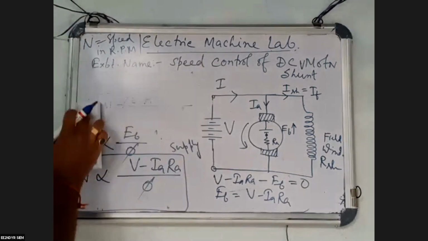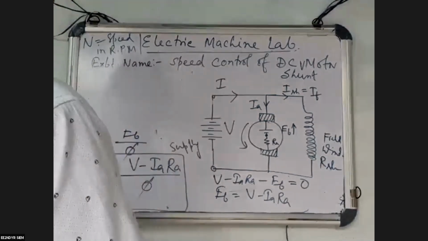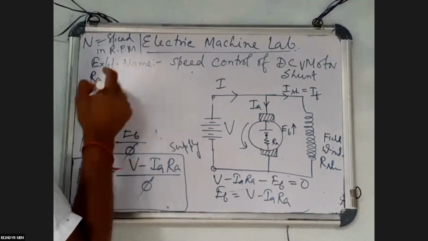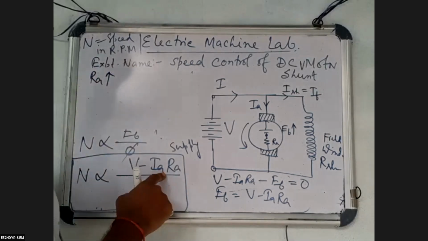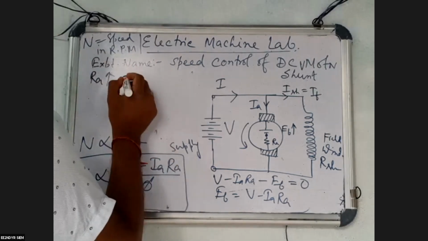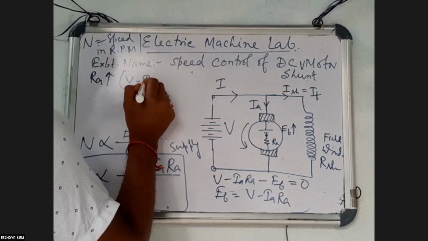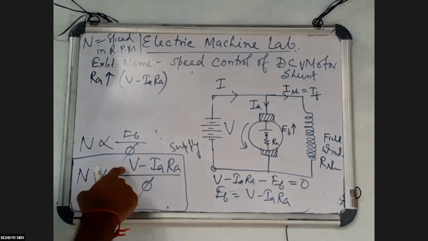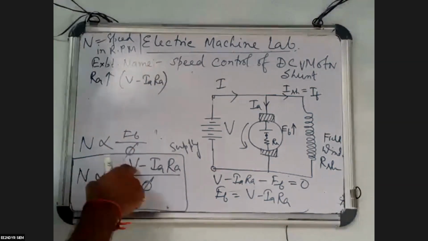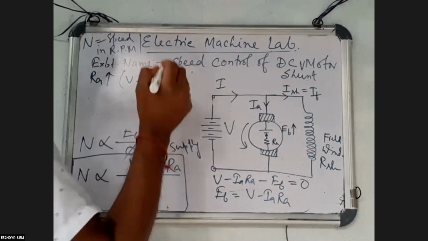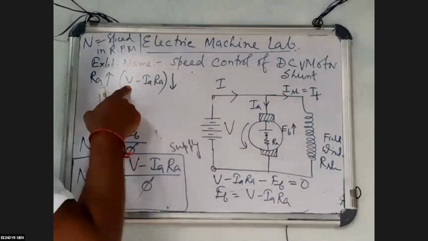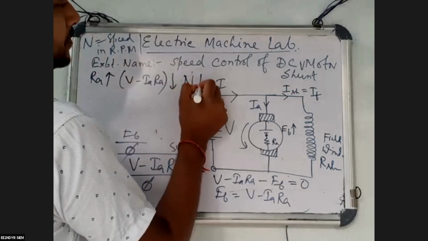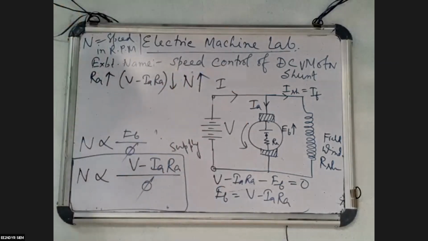I'm just showing it to you, because you see, if we increase the armature resistance, in that case this particular difference, V minus IA RA, will decrease. If this difference decreases, in that case the value of speed will increase.